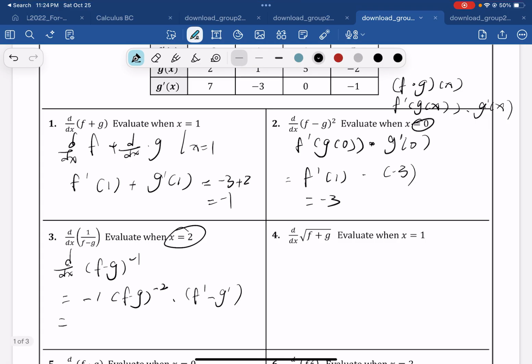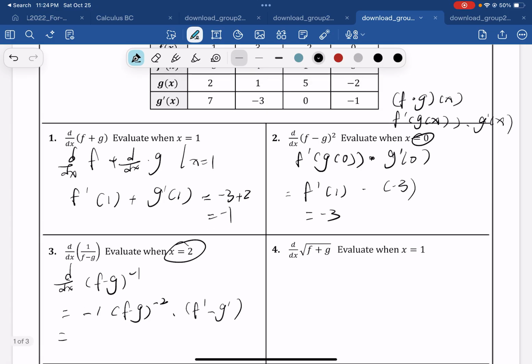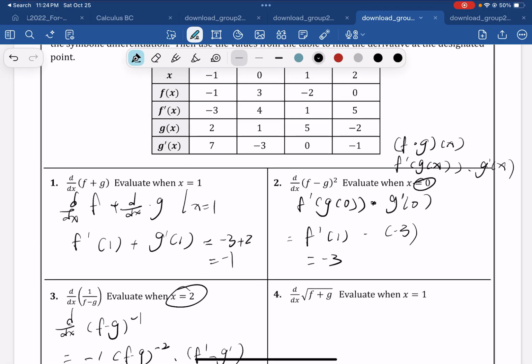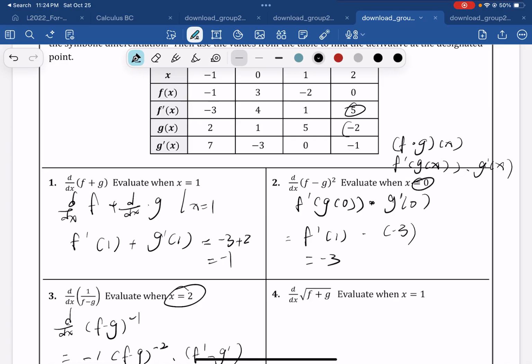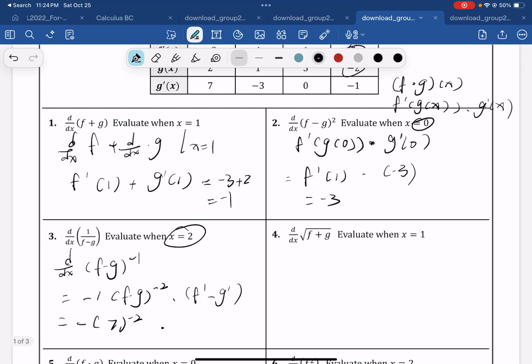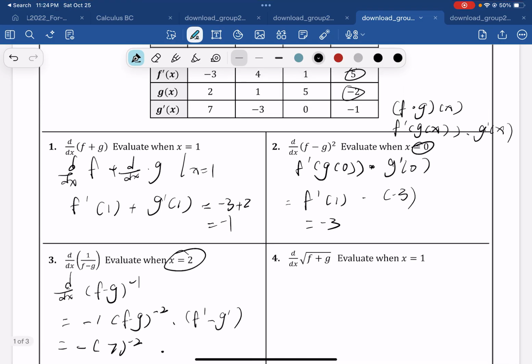So what we have to do is find out f of 2, g of 2, f prime of 2, and g prime of 2. So -1, we can ignore that. So we have negative f of 2 minus g of 2. f of 2 is 5, g of 2 is -2, so it's -7 to -2, and times f prime minus g prime.